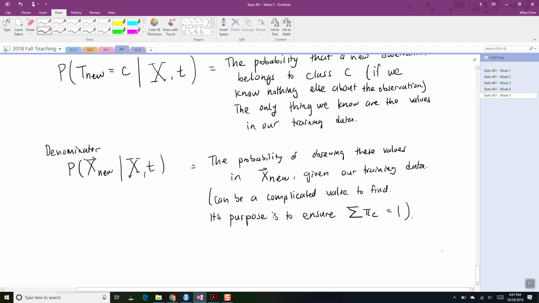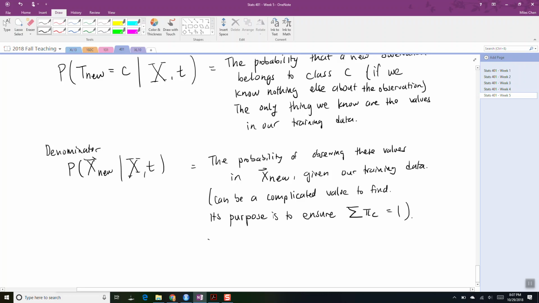Okay? So basically, if you just take the numerators and add them up, that's going to be the value of the denominator. If the numerator adds up to 6, then the denominator is going to be 6. If the numerator adds up to 0.2, then the denominator will be 0.2. That way, after you divide the numerator values by the denominator, the resulting values will add up to 1.